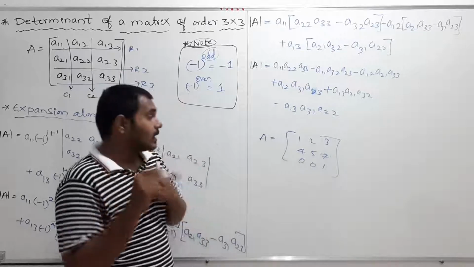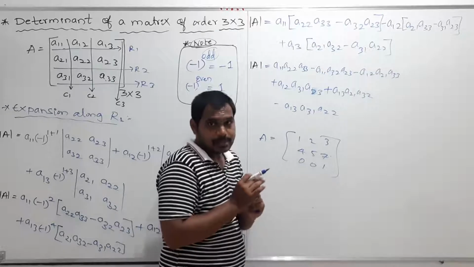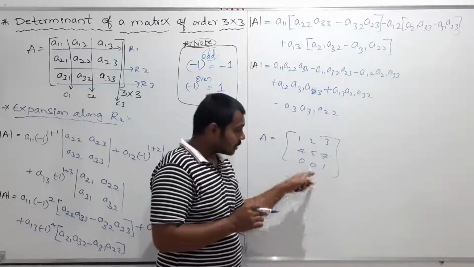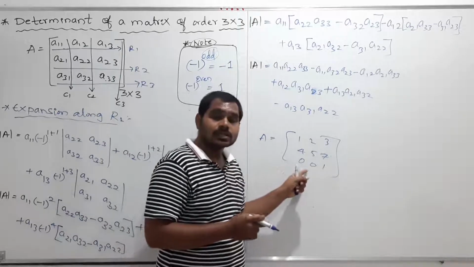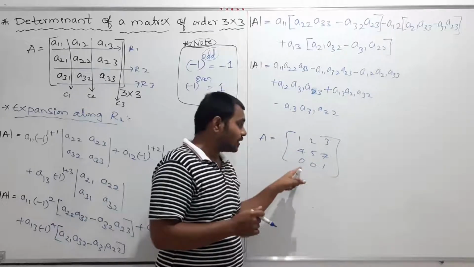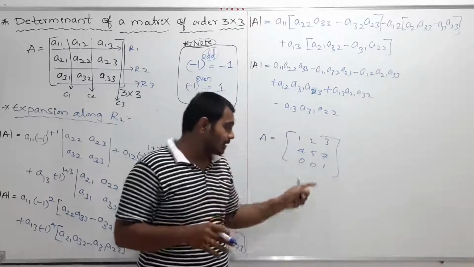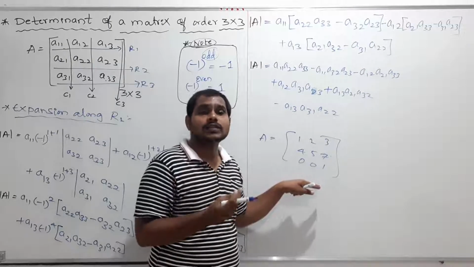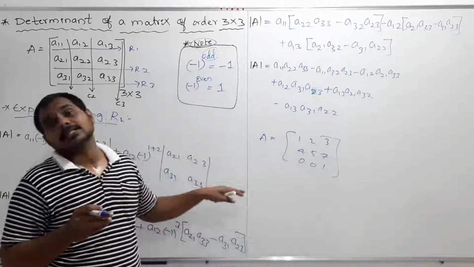But if in the third row, to avoid calculation, you can observe there are 2 zeros, then to avoid the calculations I will expand this matrix along row 3, so that with the zeros the calculations will be less and the time consumed can be less.